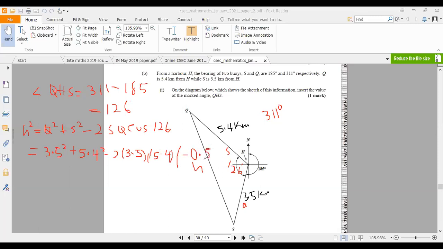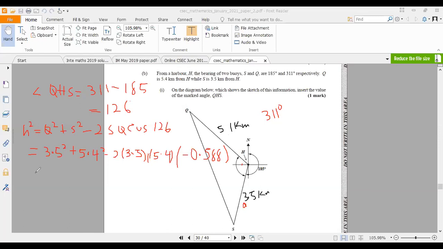Sir, 0.587, but just say 0.588 when you round it up. Okay, all right. It's negative 0.588, yeah.